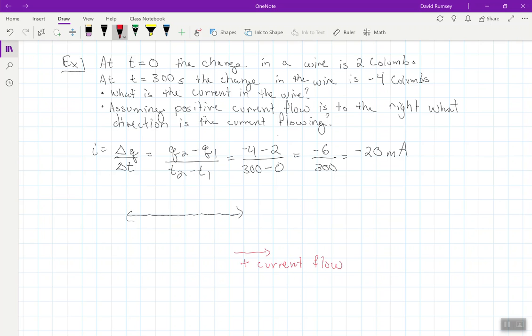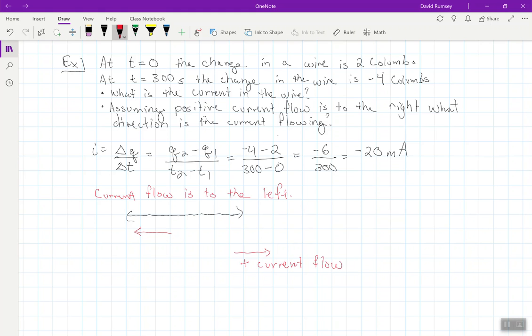So if the current here is negative 20 milliamps, that means the current is actually flowing in this direction, because if positive current flow is to the right, then negative current flow is going to be to the left. So the current flow is to the left.